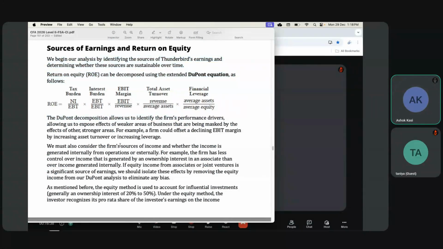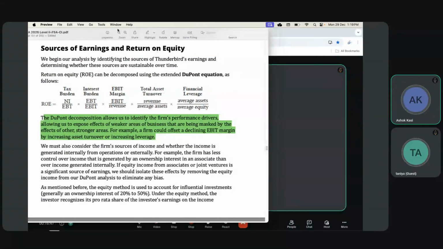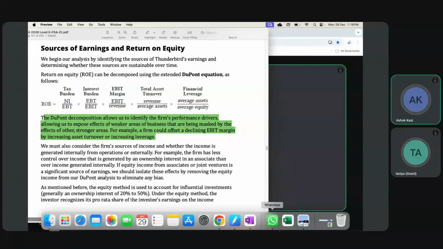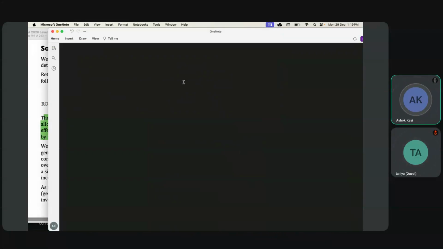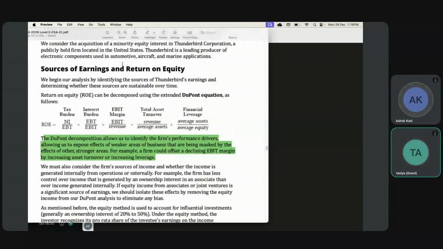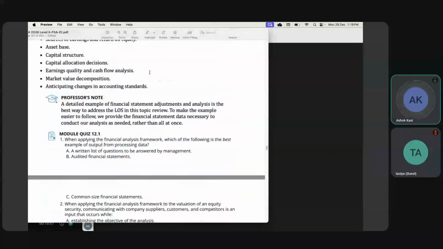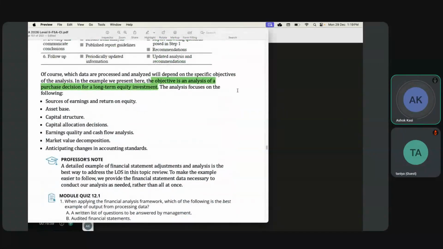Okay. Now this DuPont decomposition allows us to identify this paragraph. You read it. I'll just write down the points here. It will be easier to understand and see. We are with the objective of purchase decision.